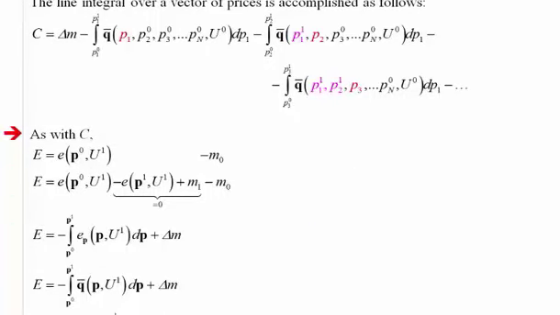And just as with compensating variation, equivalent variation can be derived in the same way. We add 0 in here, and then we see that we can express the equivalent variation as a difference in the expenditure function plus a difference in income, which leads us to that expression right there, which is the line integral under the Hicksian demand functions plus the change in income.